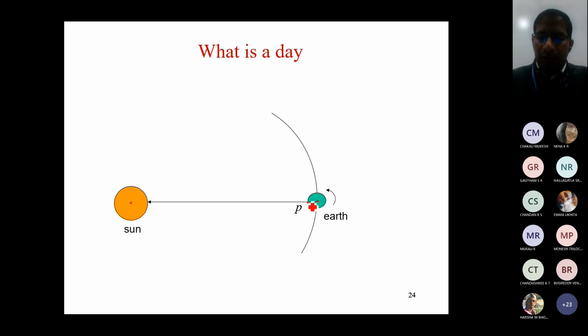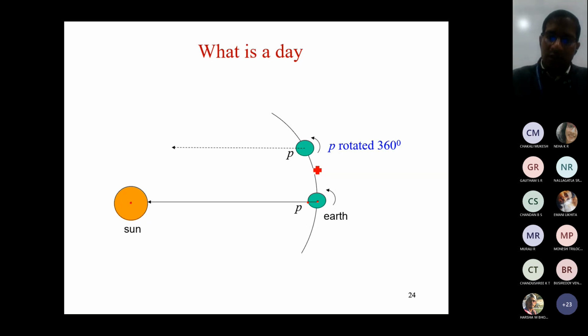Now, next what happens? The Earth rotates itself as well as rotates around the sun. Suppose the Earth is now here. Next time the Earth is here, and your point P has come to this particular point. This location P has moved because your Earth is also rotating around itself.